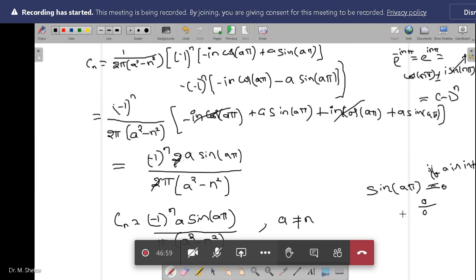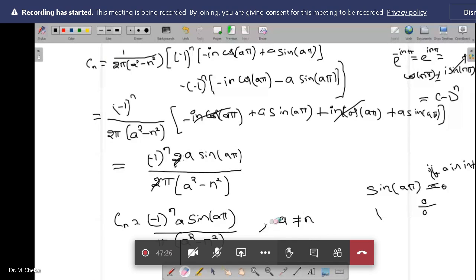So if you avoid this, a can be an integer, but at that point Cn does not exist, because n is also an integer. So this is one case.